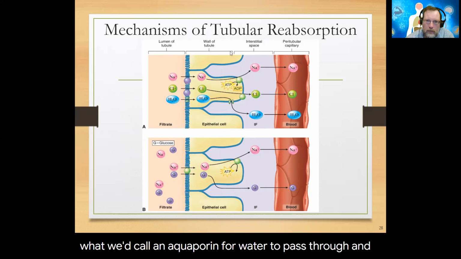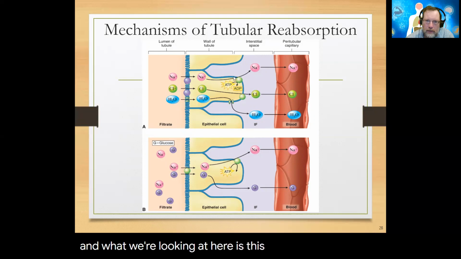And what we're looking at here is this epithelial border out into the interstitial space and into one of those peritubular capillaries. So what we see is sodium, chloride ions following sodium, and of course water following those two.